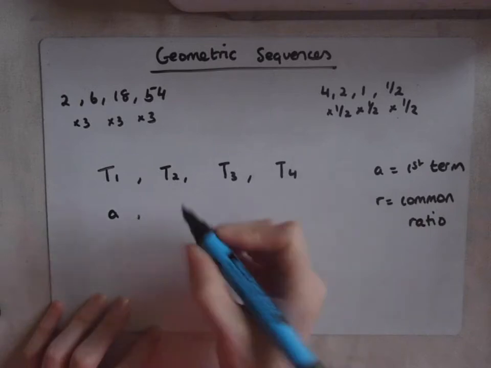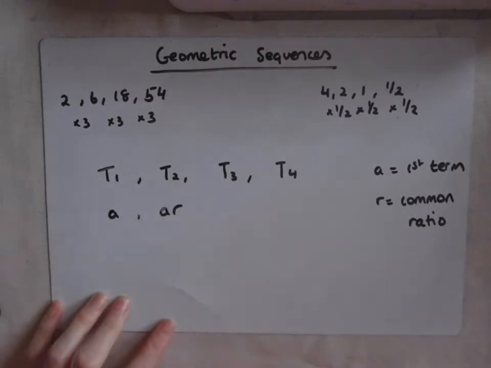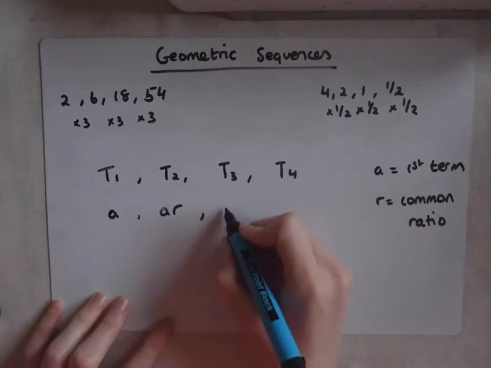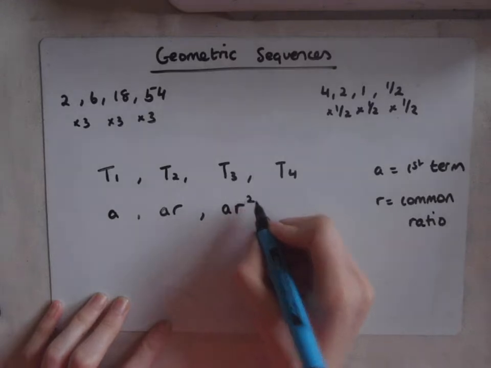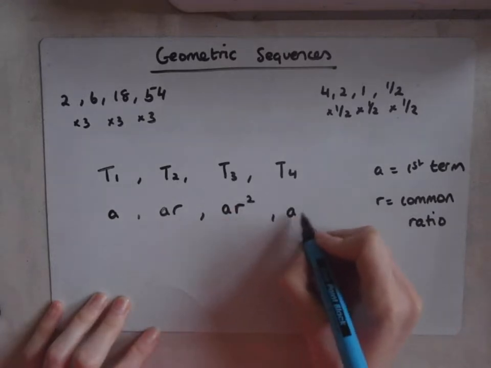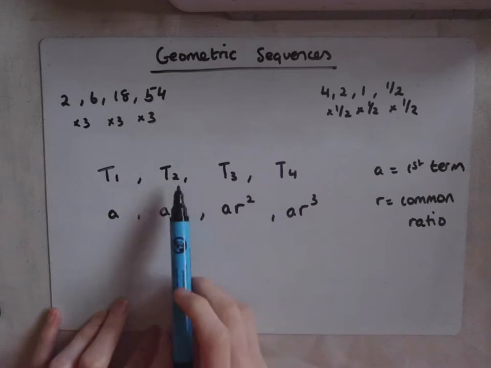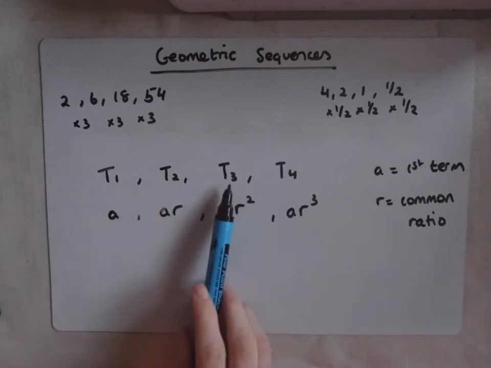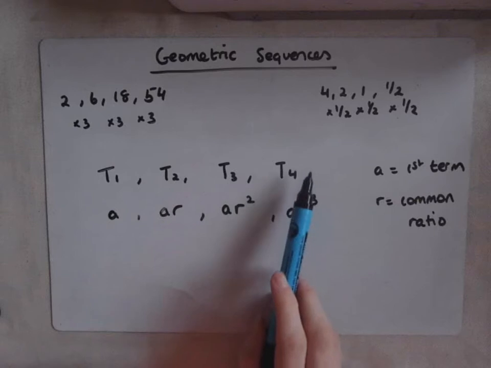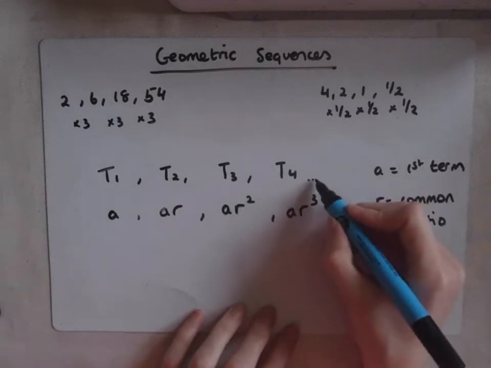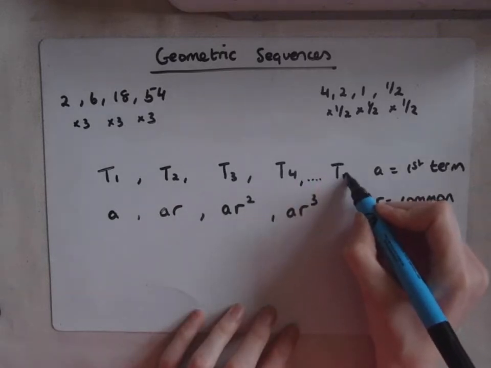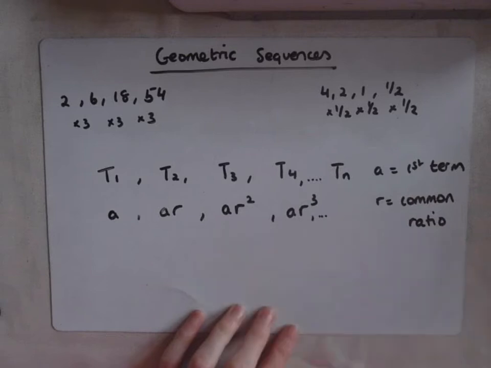To get the second term, I multiply by r. To get the third term, I multiply by r again. So r squared, r cubed, etc. Can you see what's happening with the r? T3, it's r squared. T4, it's r cubed. If I want Tn, what do you think it would be?